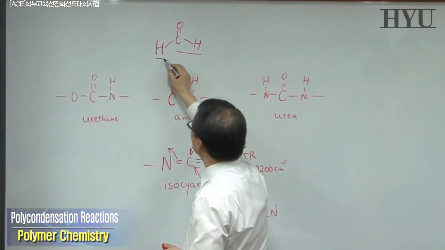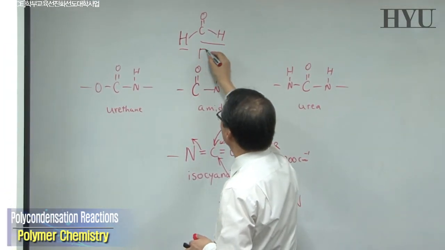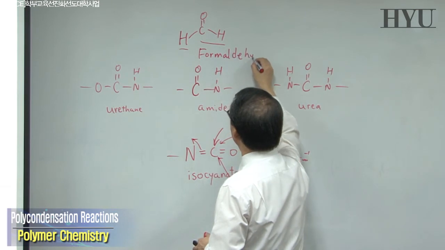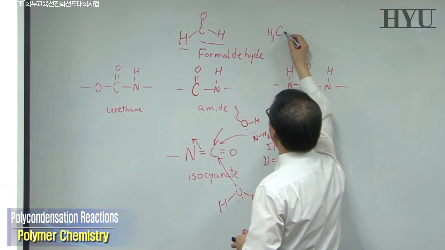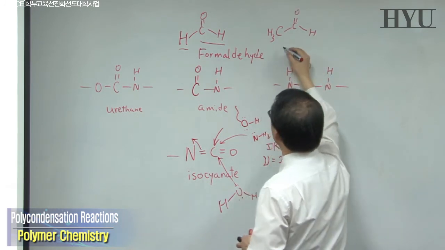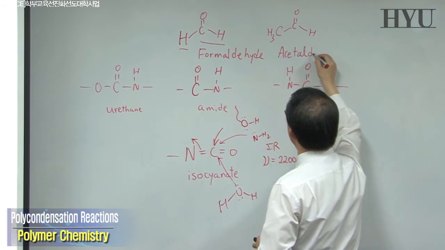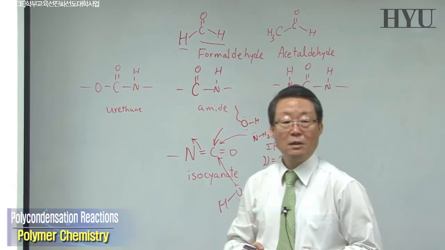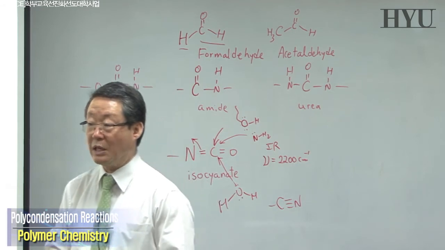With a hydrogen, what we call formaldehyde. Or if you have a methyl group instead of a hydrogen, we call this acetaldehyde. So CHO is called the aldehyde.